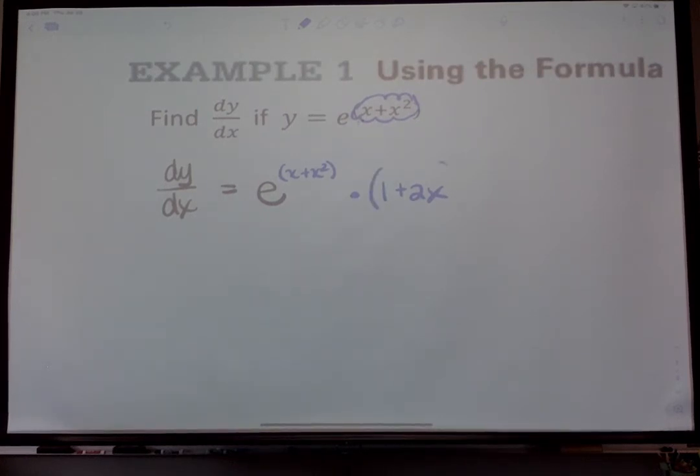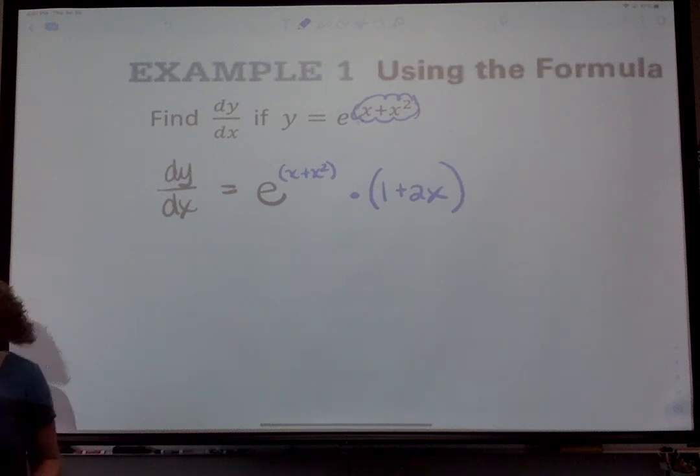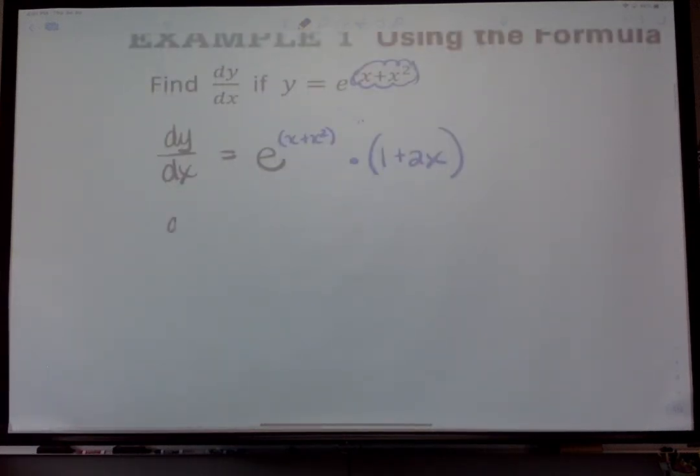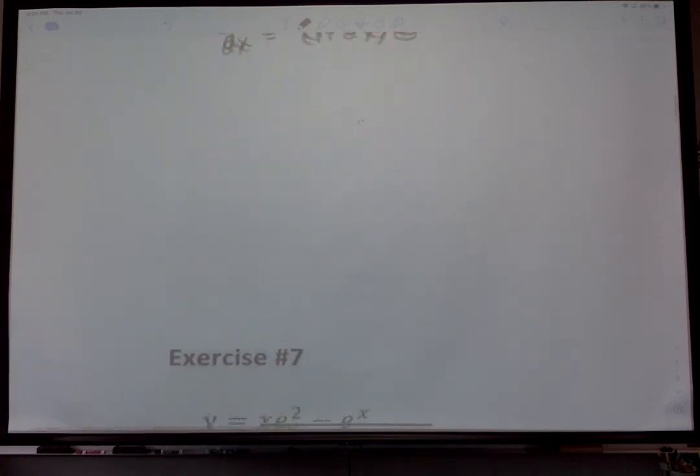This is a binomial. You need parentheses around that binomial. You can write it like this, or you can put the 1 plus 2x in the front. Probably looks a little better that way. Okay. Next one.